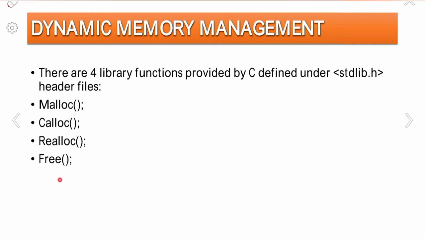And using free, we are going to delete the memory. So malloc will allocate a single continuous block of memory, calloc will allocate multiple blocks of memory, realloc will reallocate the already existing memory, and free means it is going to deallocate the memory.